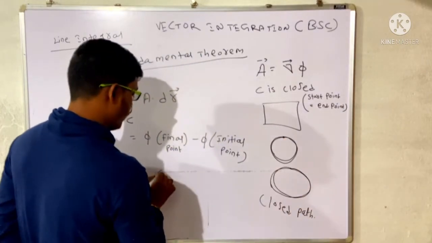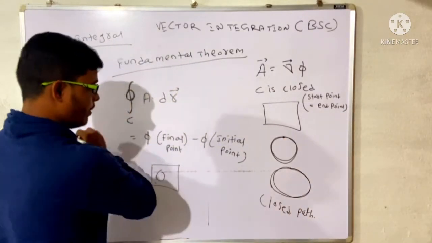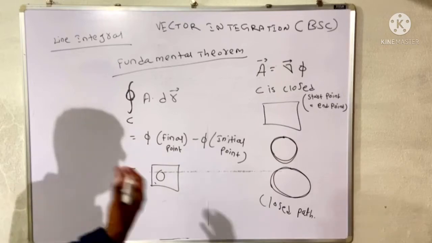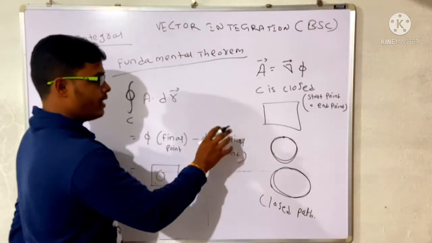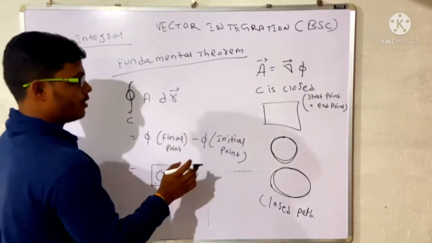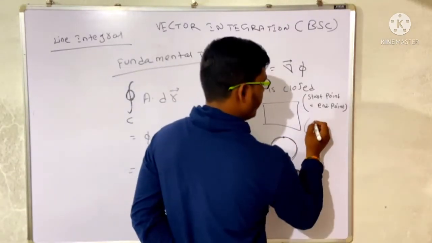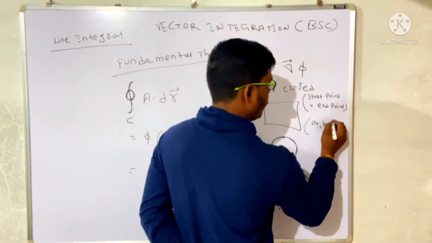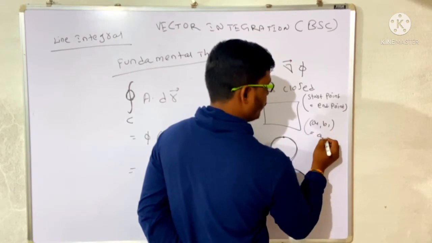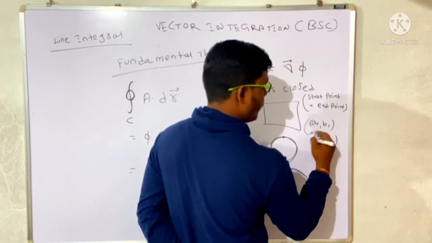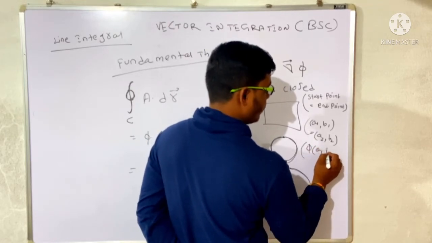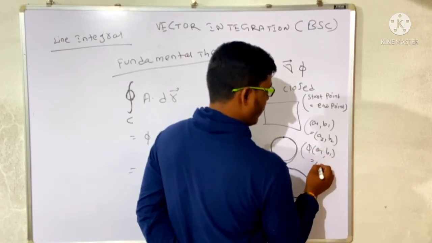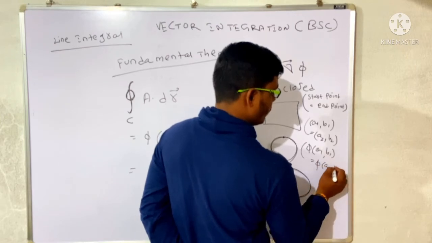So the answer will be 0, because phi final equals phi initial, because the point is the same. The start point equal to the end point means A1 B1 equals A2 B2. So if A1 B1 equals A2 B2, then phi of A1 B1 is equal to phi of A2 B2.